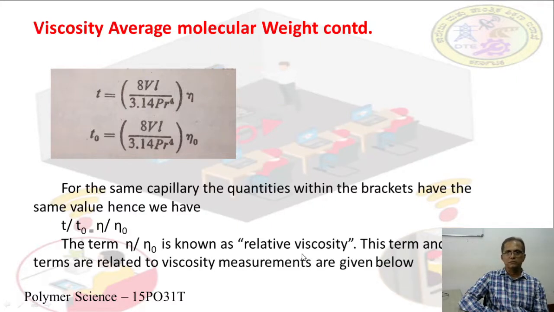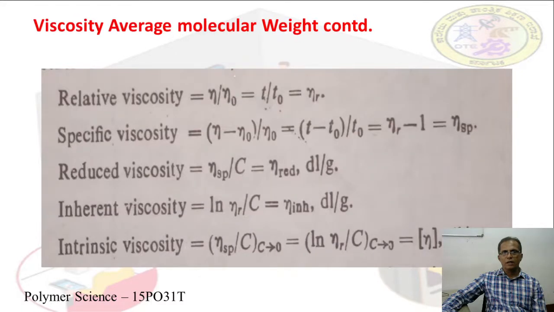This term and other terms are related to viscosity measurements. Relative viscosity is calculated by the equation eta by eta naught, that is equal to T by T naught, that is equal to eta R. Eta R stands for relative viscosity.